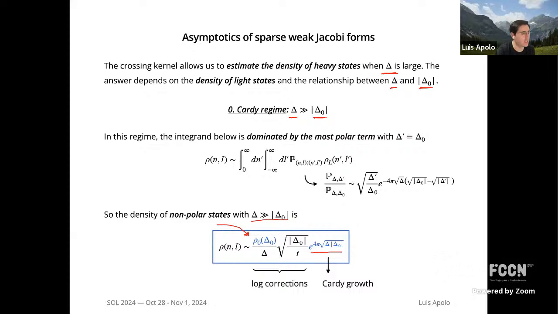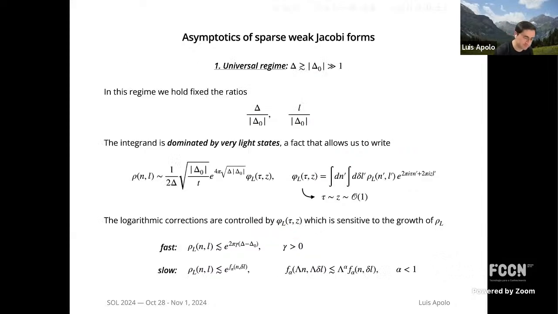No problem. So this is what happens in the Cardy regime. The formula is universal. The formula we obtained before in terms of the crossing kernel is dominated by the most polar state. So the next case where things get more interesting is what I call the universal regime.